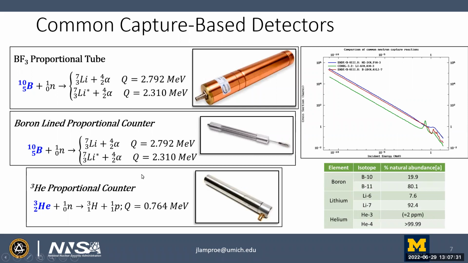There are also lithium detectors that are usually in solid form, because there's not really a convenient way to do a gas. The cross sections and some of the abundances are shown over here. You can see that helium-3 has the highest cross section, while lithium's kind of lagging behind, and boron aligns with helium pretty well. As far as abundances, helium is usually the harder one to obtain.